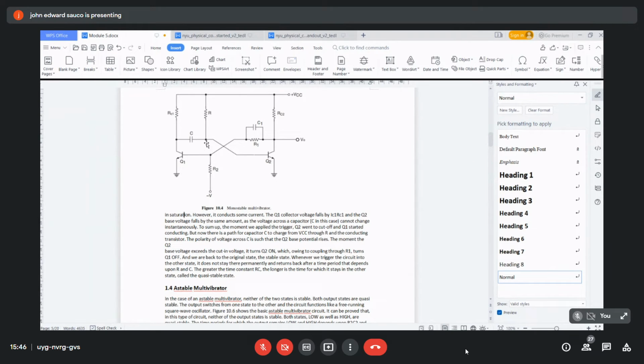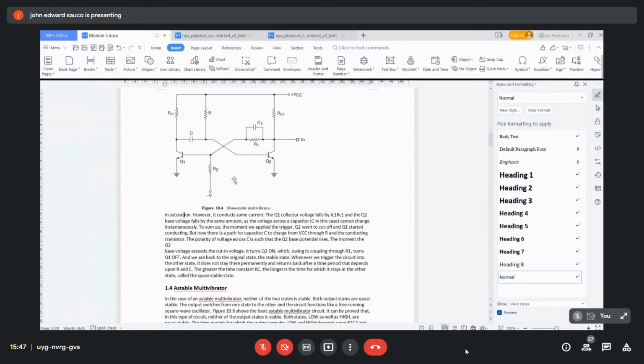But now there is a path for the capacitor to charge through VCC, dumaan sa R, and the conducting transistor. The polarity of voltage across C is such that Q1 base potential rises; the moment the Q2 base voltage exceeds the cut-in voltage, it turns Q2 on.